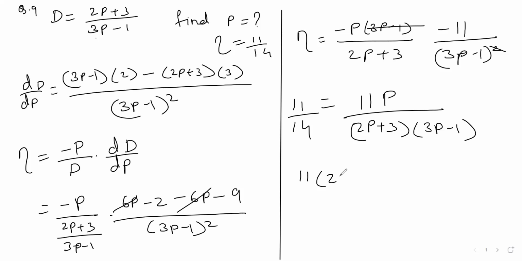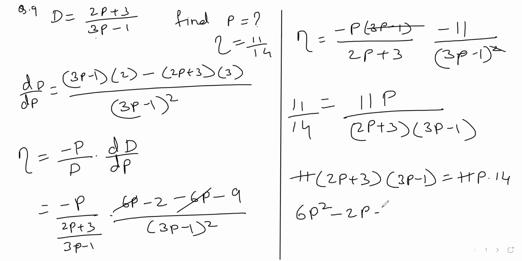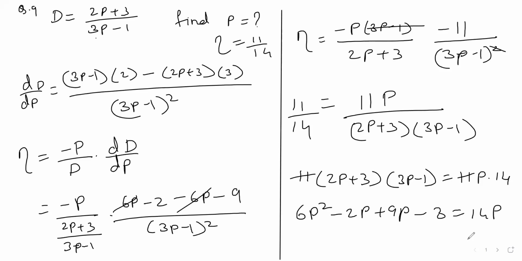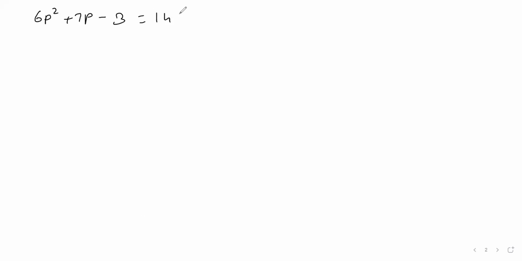So it is 11, (2P plus 3)(3P minus 1) is equal to 11P into 14. Cancelling 11, it becomes 6P square minus 2P plus 9P minus 3 is equal to 14P. We will get a quadratic equation. So this becomes 6P square plus 7P minus 3 is equal to 14P.